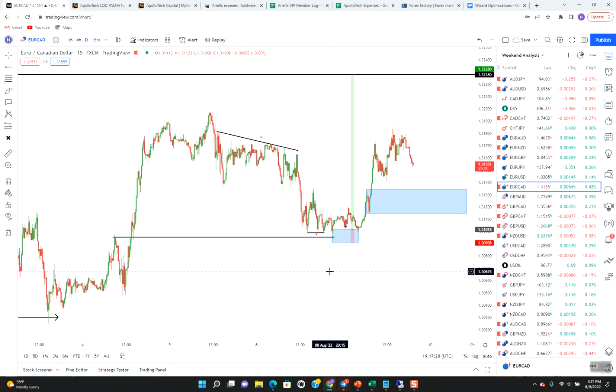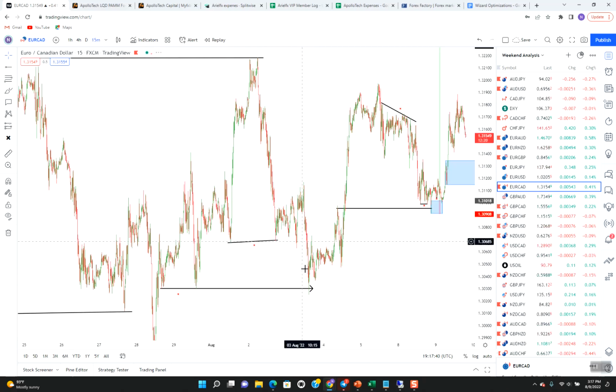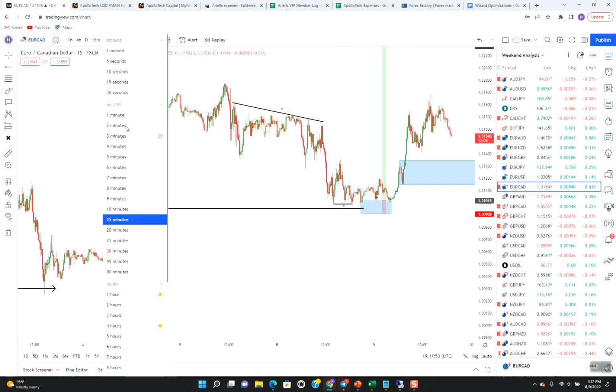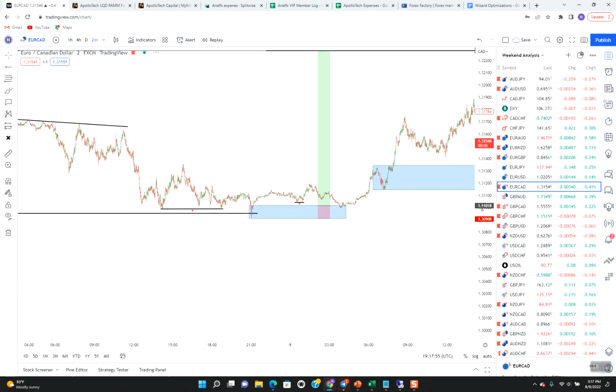So in this case, because we do teach one strategy, but it has 3 components. It's the smart money component, the supply and demand component, and the Wyckoff component. So in this case, we have liquidity runs, breaks of structure, market structure, time and price, stuff like that. That is smart money. And here, you can classify this as our demand level, as we could classify this as our demand level too.